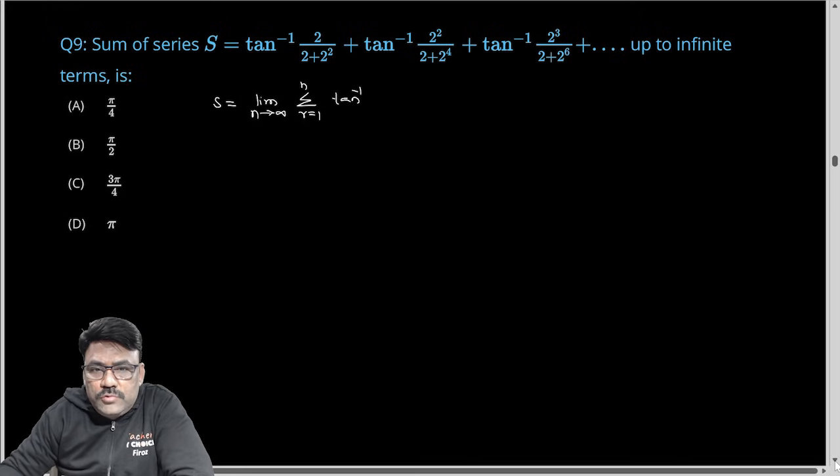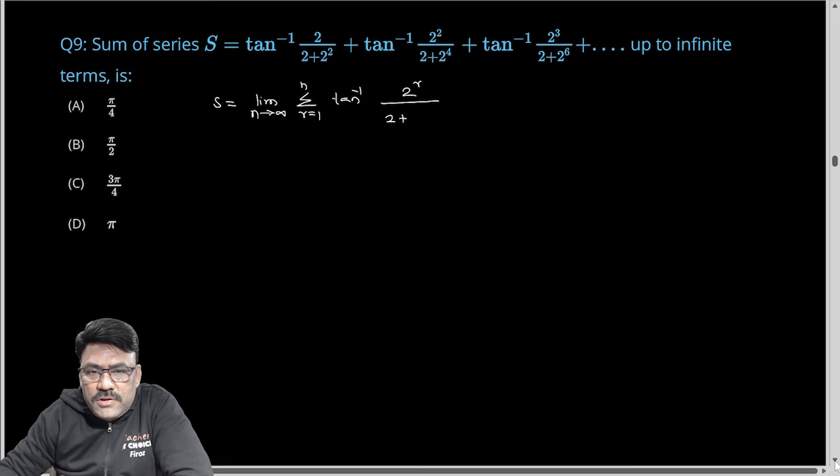See, numerator is 2, 2 square, 2 cube. In general, it is 2 raised to r. And denominator is 2 plus 2 square, then 2 raised to 4, then 2 raised to 6. It is 2 into 1, 2 into 2, 2 into 3. So 2 raised to 2r here.